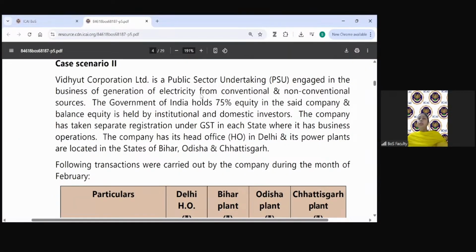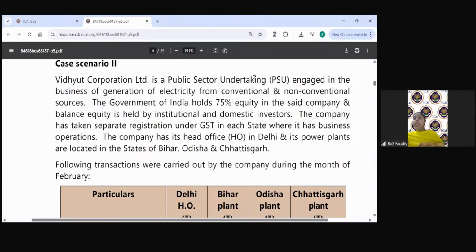So case scenario 2 says Vidyut Corporations Limited is a public sector undertaking engaged in the business of generation of electricity from conventional and non-conventional sources.